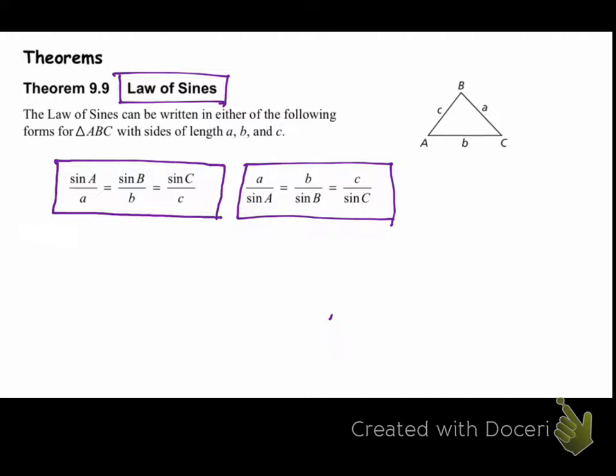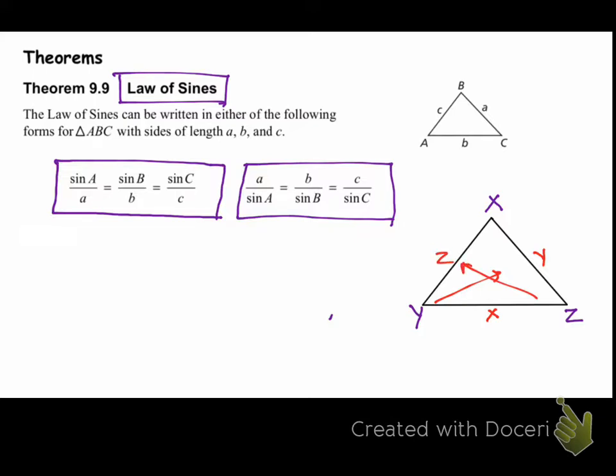Let me draw another triangle, and I'm naming it X, Y, Z. I give you a minute to think about how you can write the law of sines for this. You can pause the video or continue. This side is x, this one is y, this is z.